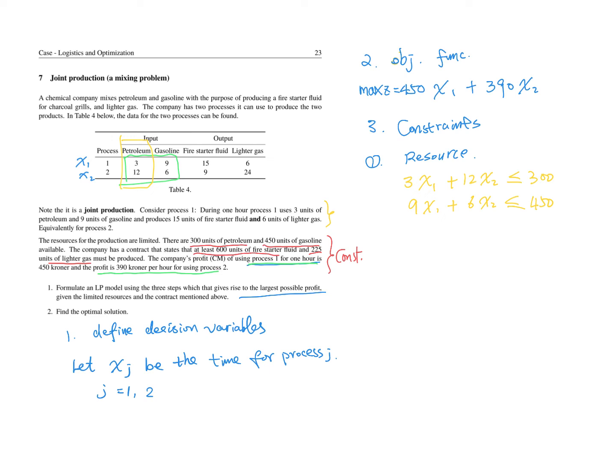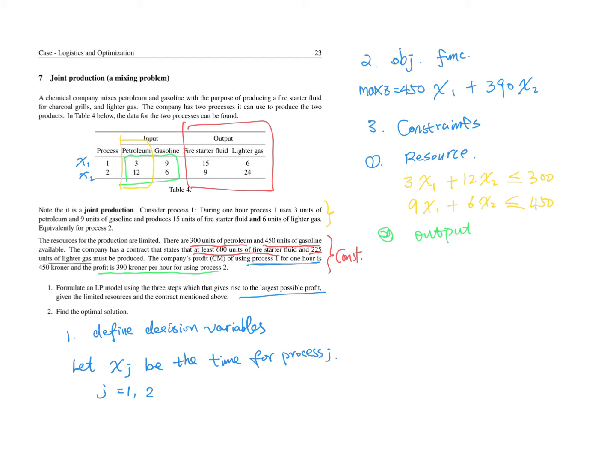Now we change the color for the second type of constraint, which are the output requirements. So here we look into the second part of table 4.